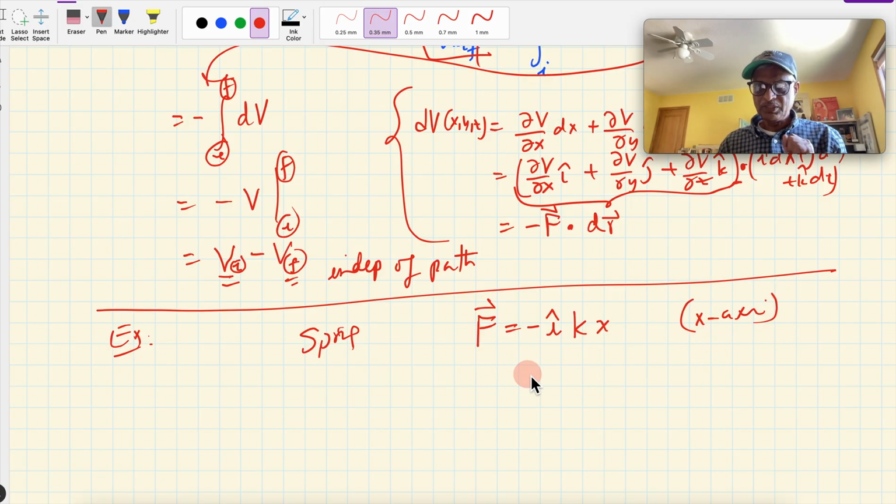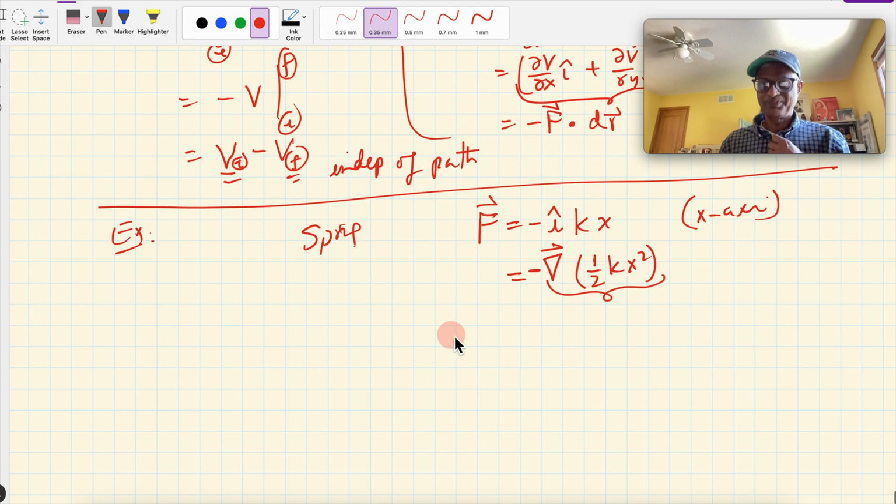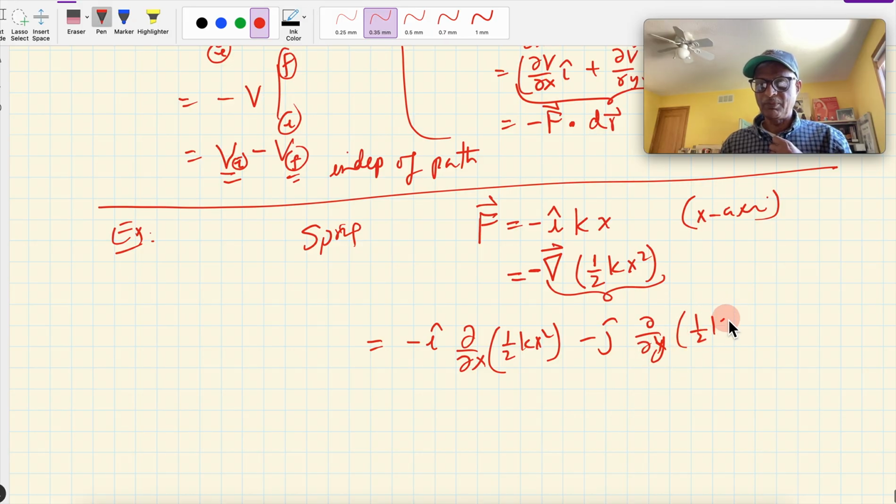Then you can actually find half kx squared, and if you do a del of this with a minus here, if you work it out, it is going to be minus i hat d/dx of half kx squared, minus j hat d/dy of half kx squared, minus k hat d/dz of half kx squared.